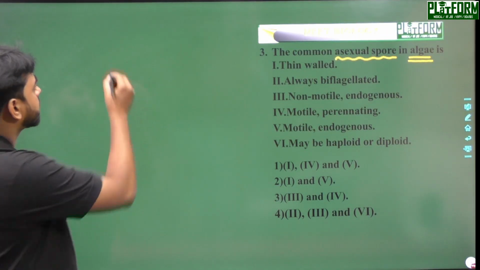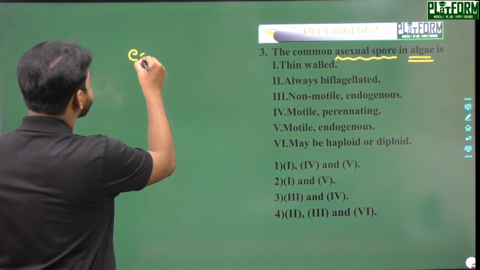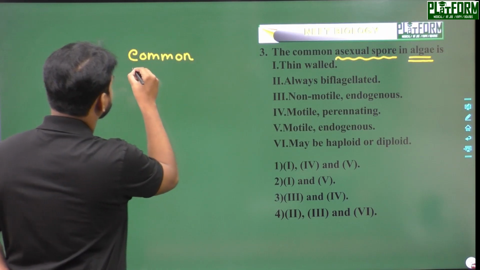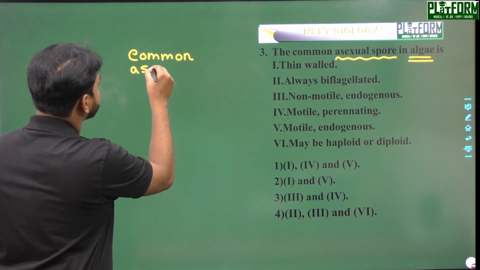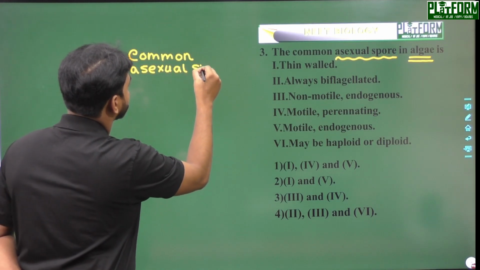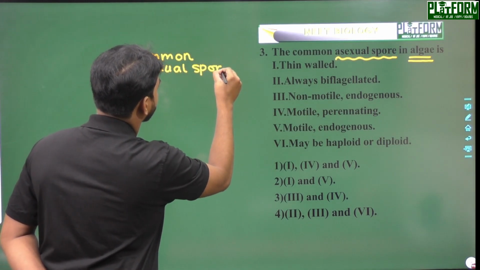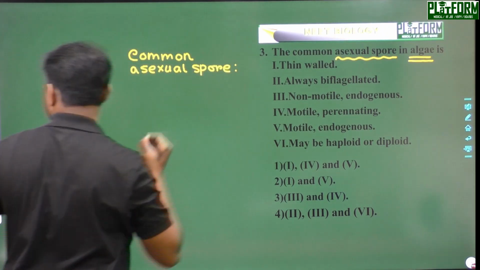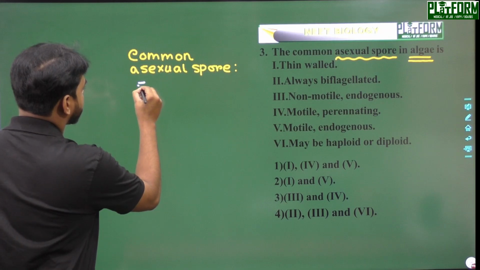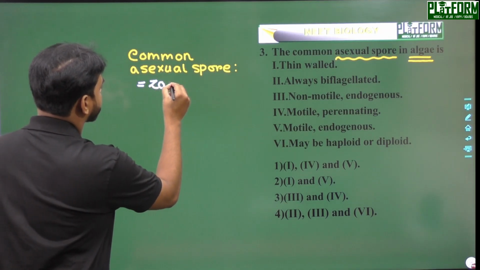We know that the common asexual spore present in the members of algae is zoospore.